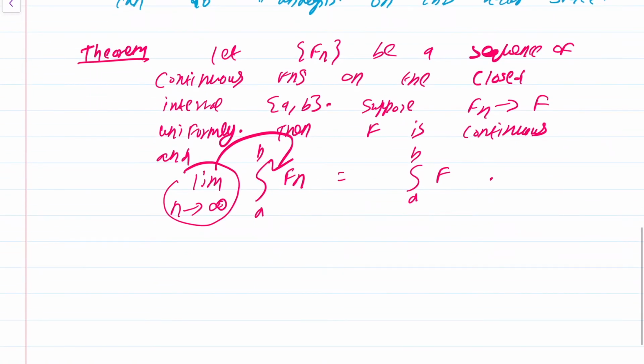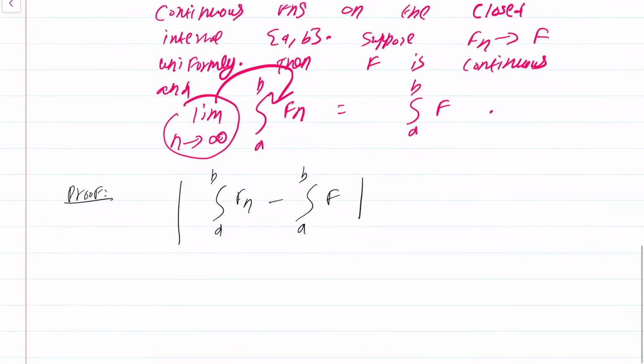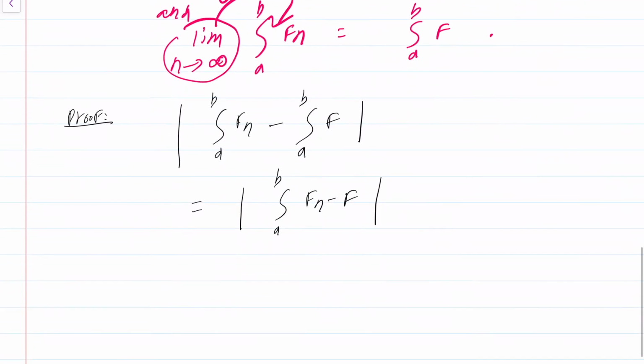Proof. Well, let's start with the quantity that we are interested in, the integral from a to b of fn minus the integral from a to b of f. Well, by linearity, this is going to be the integral from a to b of fn minus f. Okay, this is just by linearity, and this is going to be less than or equal to b minus a into the supremum, or let me invoke the notation that we have already concocted precisely for this purpose, the norm of fn minus f.